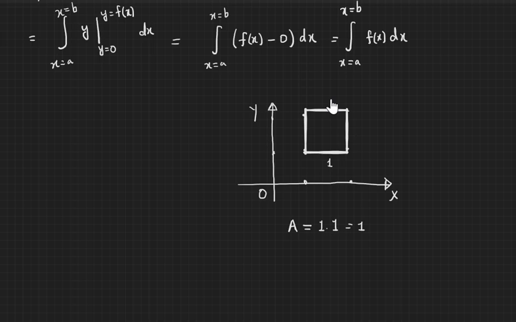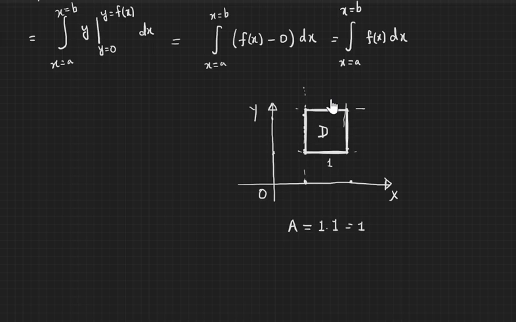But how can we do it using double integral? Now we can see here that this region D is bounded by 4 boundaries. What are those boundaries? These are this straight line, this straight line, this straight line, and this one straight line. Now we need to figure out what are the equations of these straight lines.